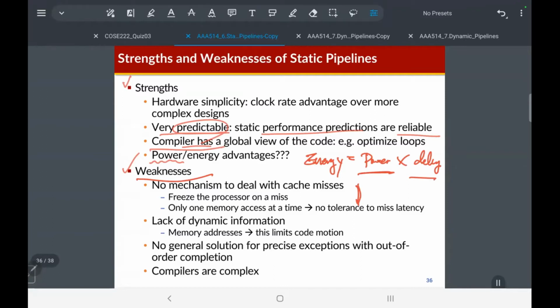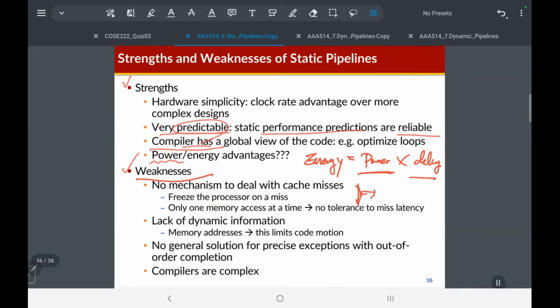It's also not good for the compiler, because compilers cannot estimate the exact required cycles for cache misses. The memory hierarchy is a little bit complex, and it's very hard to estimate the required cycles for fetching instructions or data from the memory. So there is no mechanism to handle cache misses.